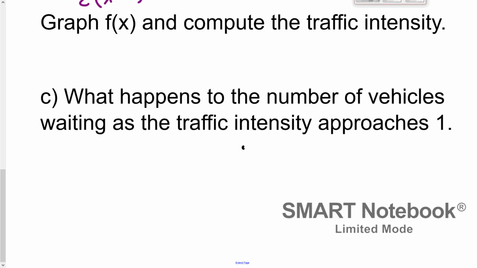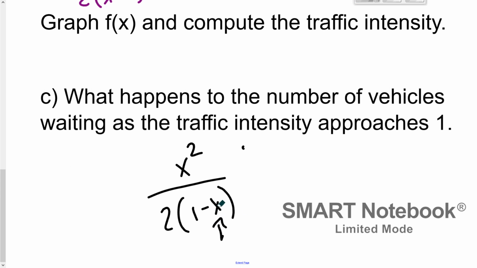Okay, so the last question, what happens to the number of vehicles waiting in line when the traffic intensity approaches 1? So as we get closer and closer to 1, what's happening? Right, so we get x squared over 2 times 1 minus x. So as this gets closer and closer to 1 here, right, where it's undefined, what's happening in our graph?